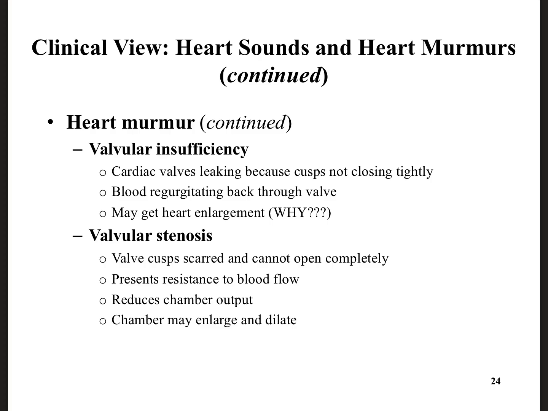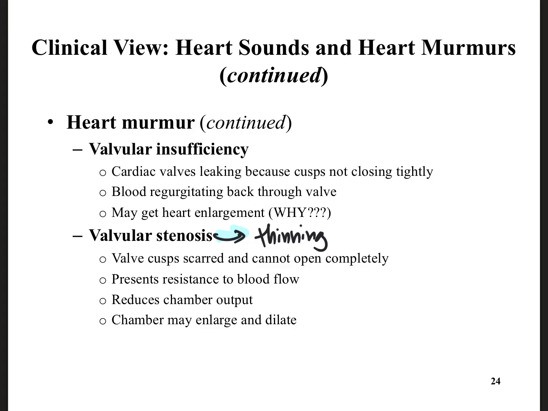And then valvular stenosis. Stenosis is a thinning. All right, so the area of the valve gets thinner. How does that happen? The valve cusp becomes scarred. It can't open completely. So they don't open all the way, so the area or the opening becomes reduced.